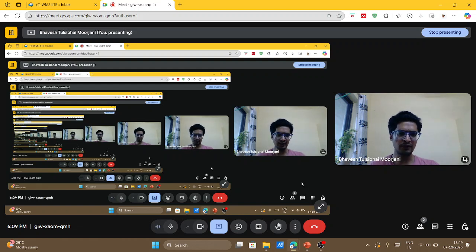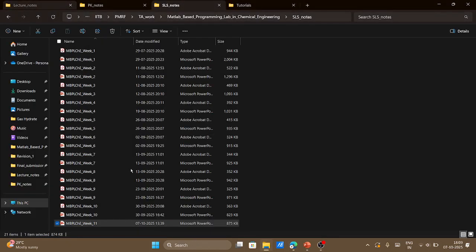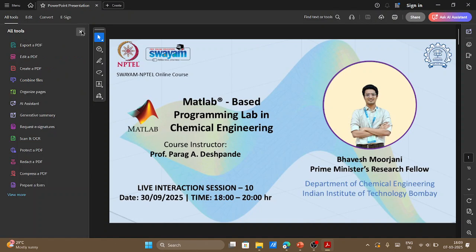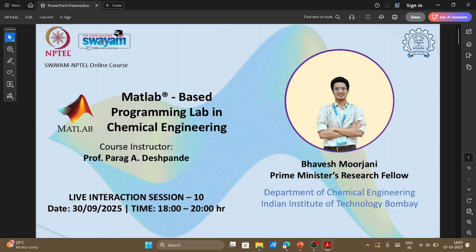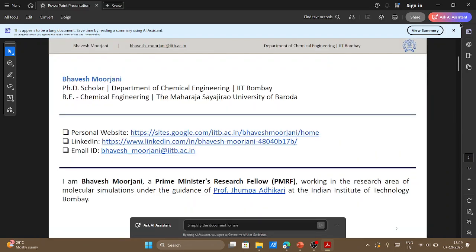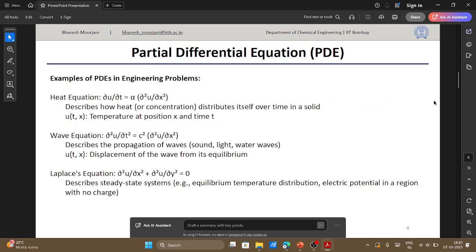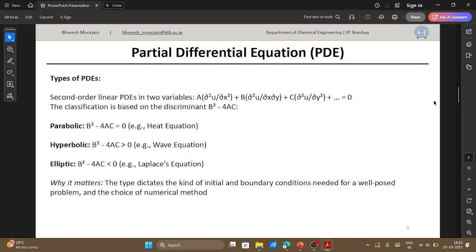Before I start the contents of today's class, some notes from the last lecture. In the previous lecture, we were understanding partial differential equations and problems related to them, and how to solve them. We started with what PDEs are, how they look, the general form of partial differential equations, and how we can categorize them.